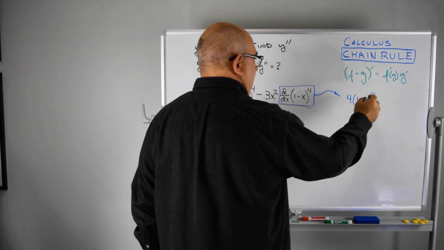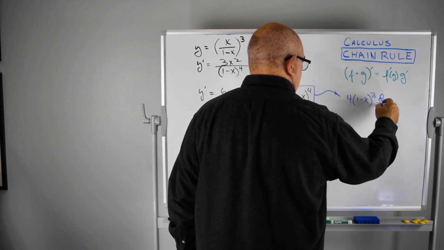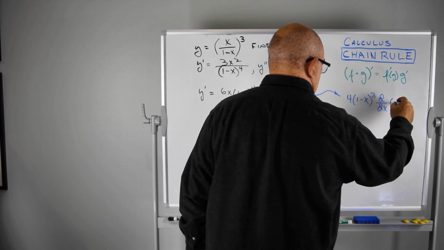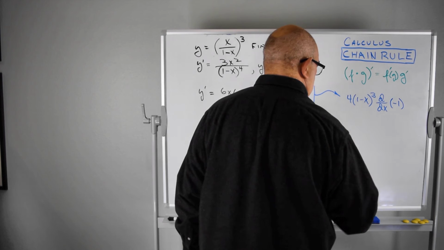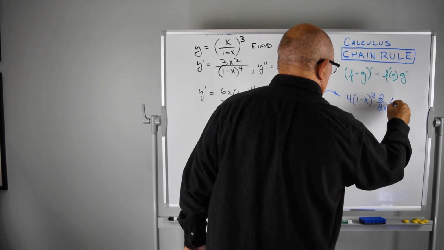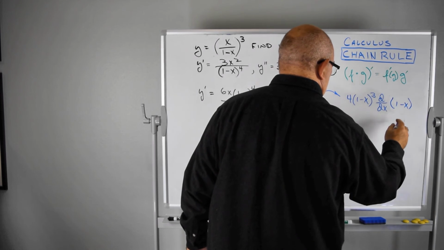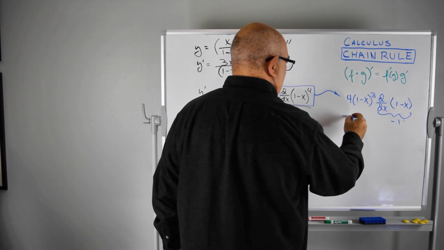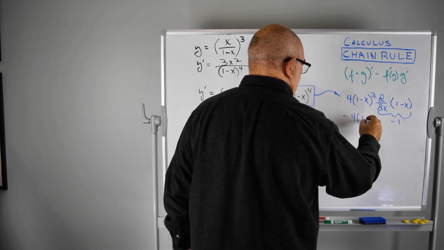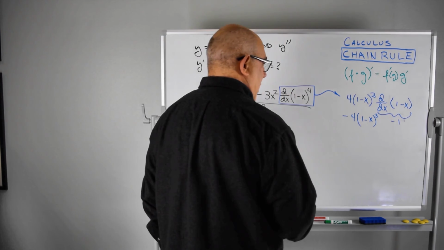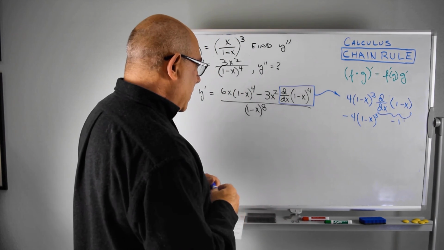And then we have to do the derivative of the inside, 1 minus x, and that is minus 1. So this will be minus 4 times 1 minus x cubed. Okay? So that is that piece.